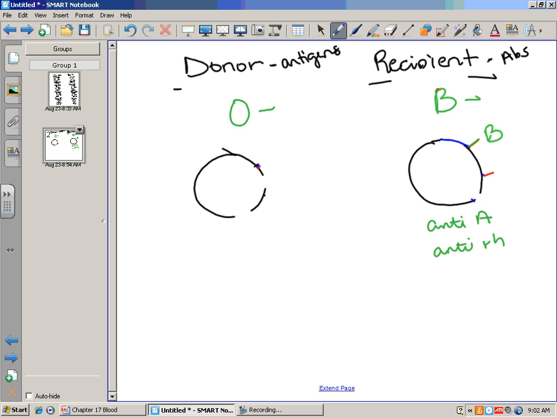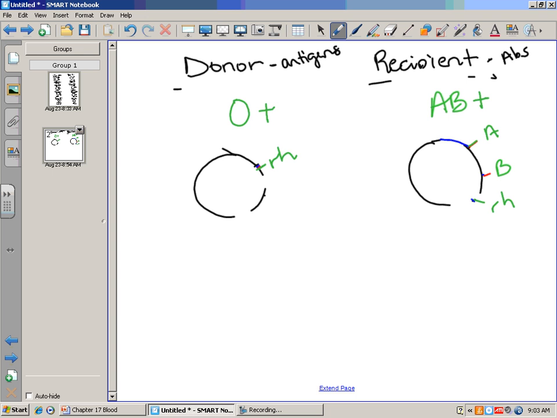Okay, so let's do that last one, and then I'm going to show you something interesting. So you said O positive and what? Okay. O positive and AB positive. If I'm O positive, what antigens do I have on my surface? Only the RH. That plus tells me there's an RH on there, right? If I'm AB positive, what antigens do I have?